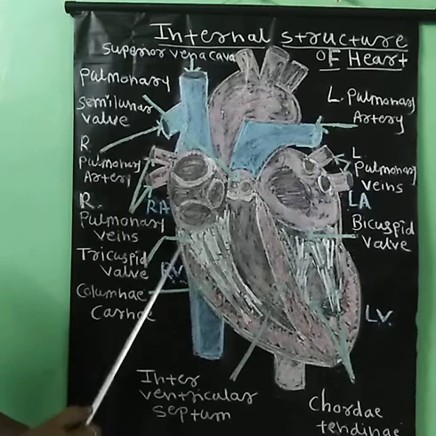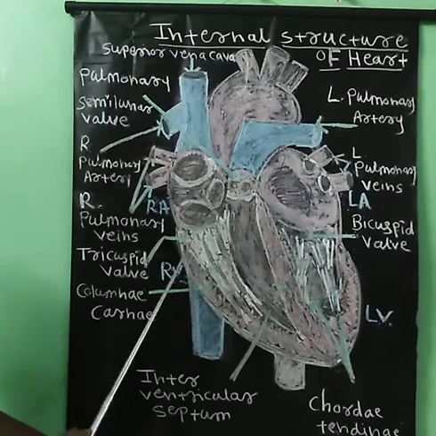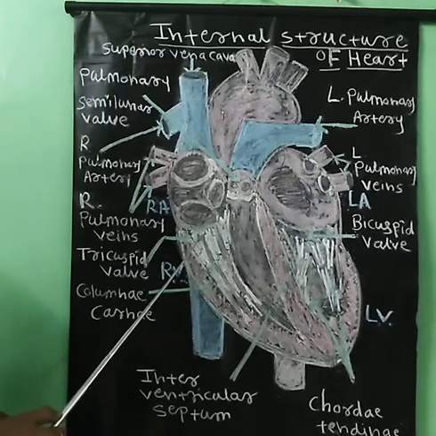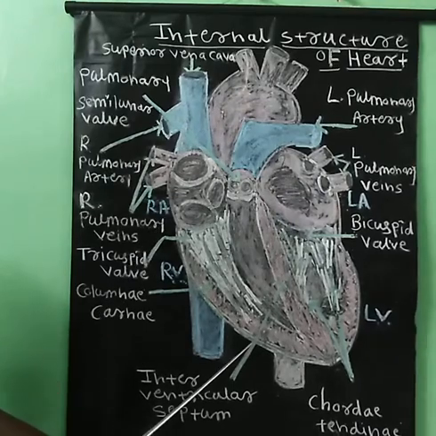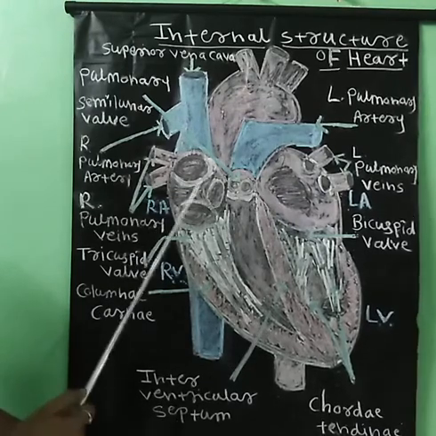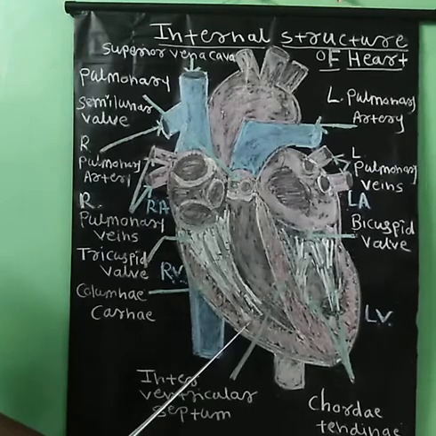While bicuspid and tricuspid valve show unidirectional flow of blood always from auricle to ventricle.